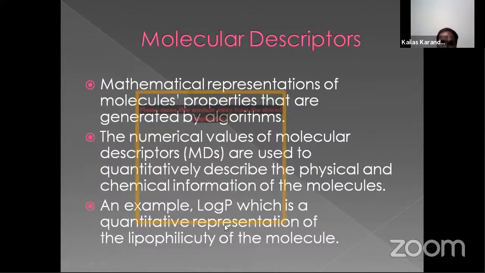The example we have discussed here is the partition coefficient, and similarly, other descriptors could be solubility and permeability. These are the possible molecular descriptors you usually determine in your regular practicals, and the same procedures can be used for the determination of molecular descriptors.